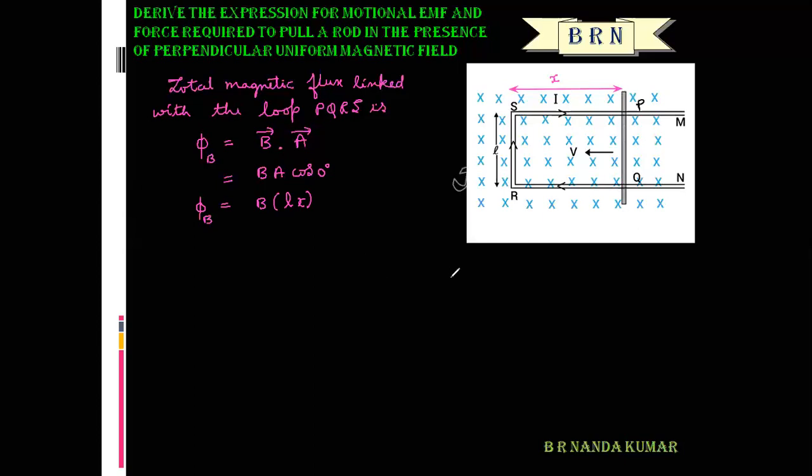But we have to calculate the EMF induced in a conductor due to the motion of the conductor placed in a perpendicular uniform magnetic field. So what is the meaning of motional EMF?